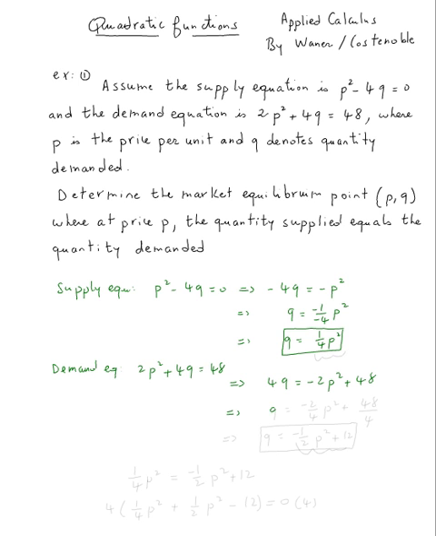Divide by 4, you get negative 2 over 4 plus 48 over 4. Now this means that q is equal to negative 1/2 p squared plus 48 divided by 4 is 12.